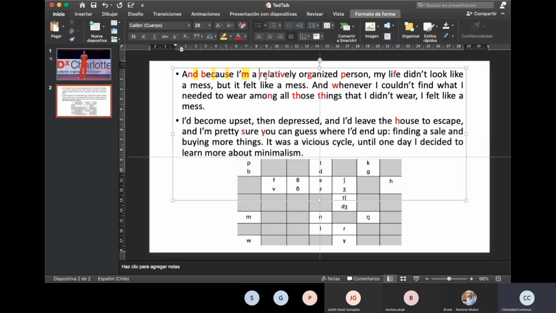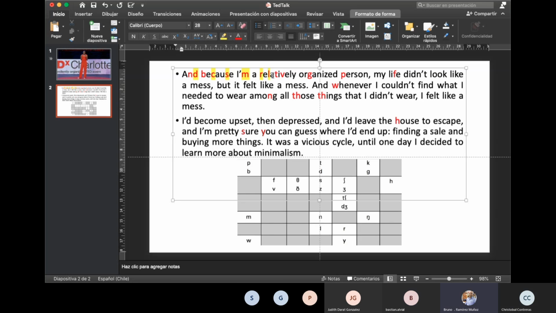Okay, so the next sound is in "relatively," and the first consonant sound here is R, which is liquid, voiced, and alveolar. The next consonant sound, does someone want to explain it and make the sound? This one here. Does anyone want to? Maybe Sebastian or Pia can cooperate.